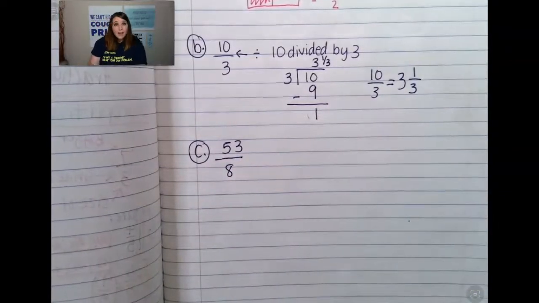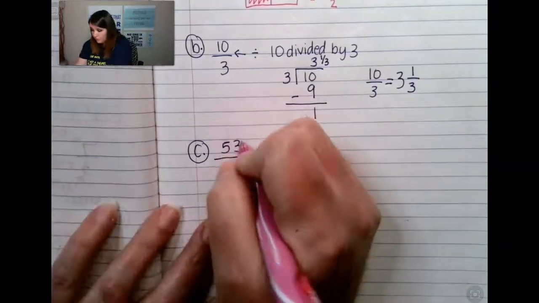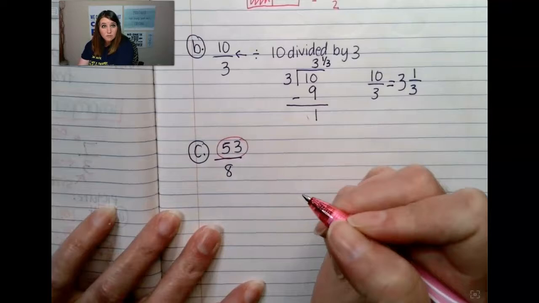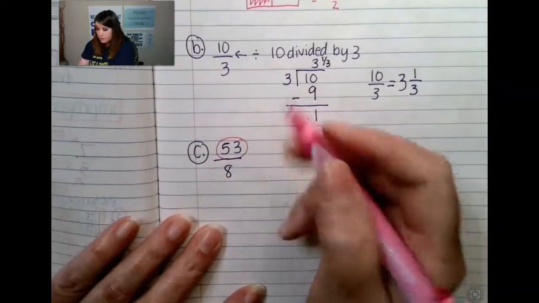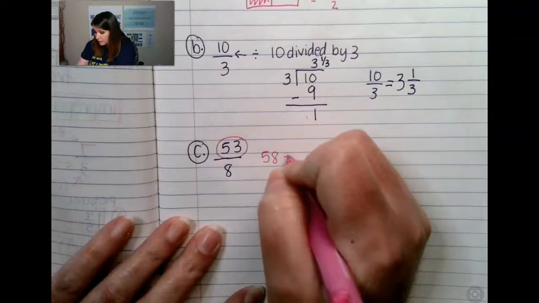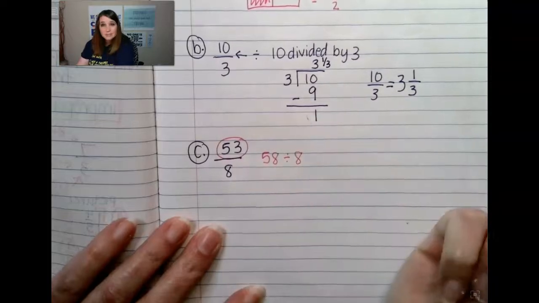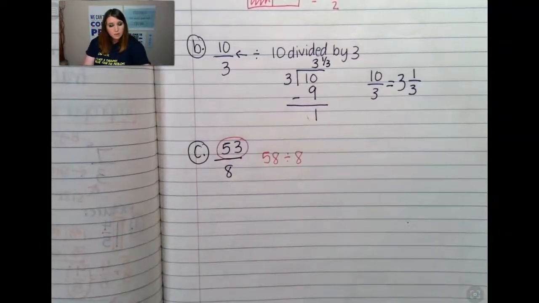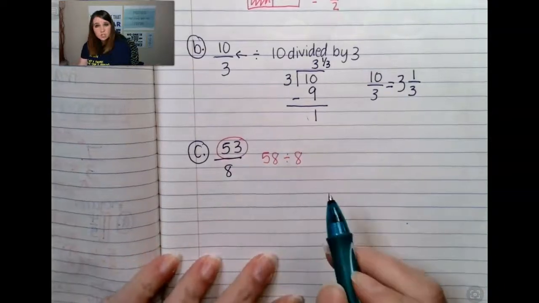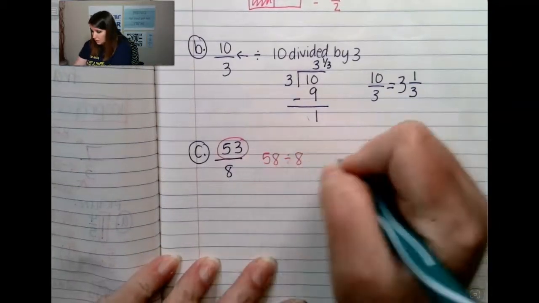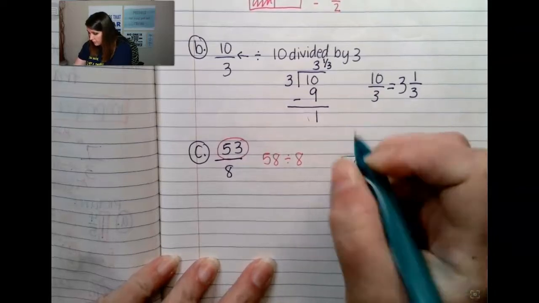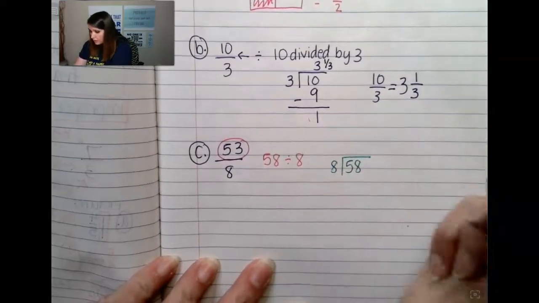So again, I'm taking this top number and dividing it by 8, or dividing it into eighths. So that tells me that I have 58 divided into 8 pieces. Okay, so let's go ahead and try to do division. I don't like division like this, so I'm going to rewrite it and do it this way. 58 divided by 8.